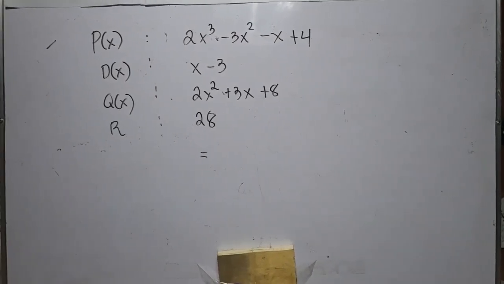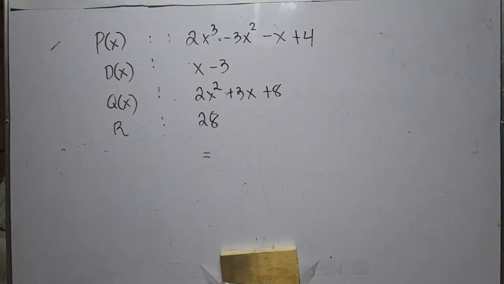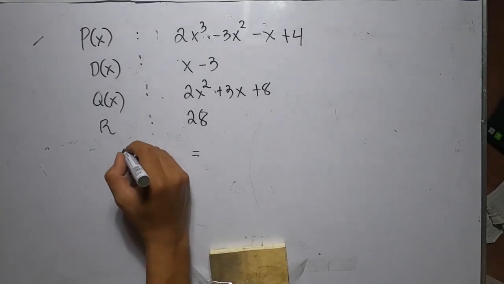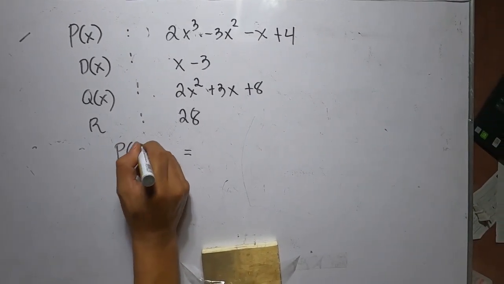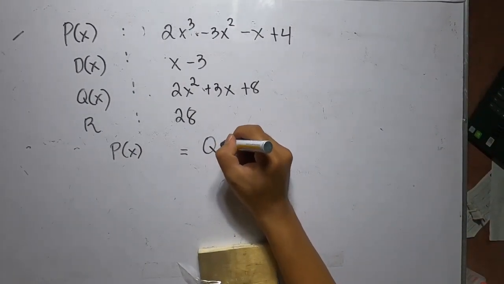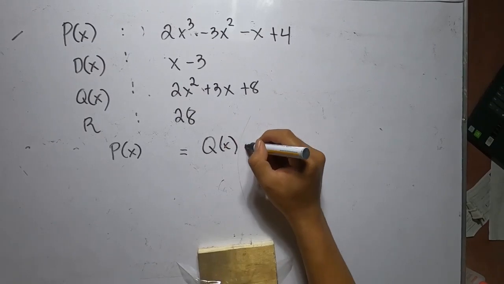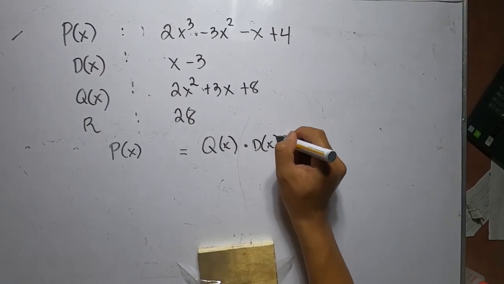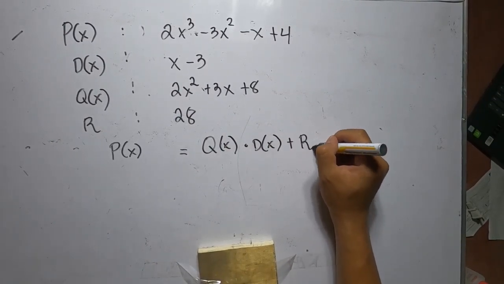We can now express p of x in terms of the product of the quotient and the divisor added by the remainder. That is, the dividend p of x must be equal to q of x multiplied by d of x added by the remainder.